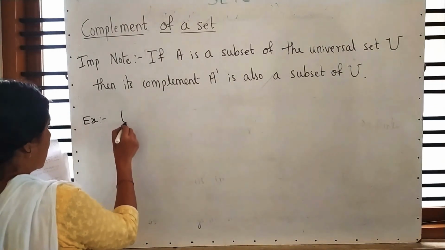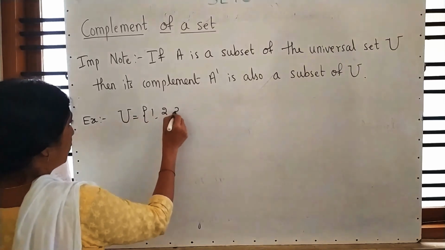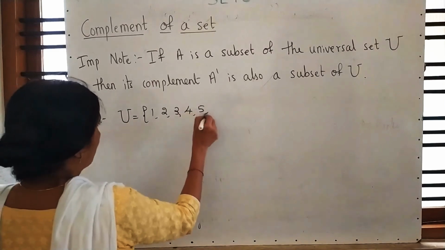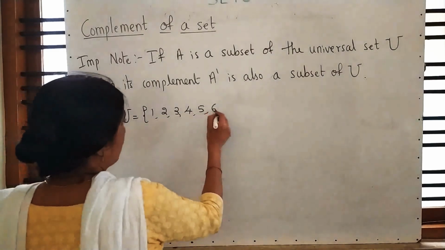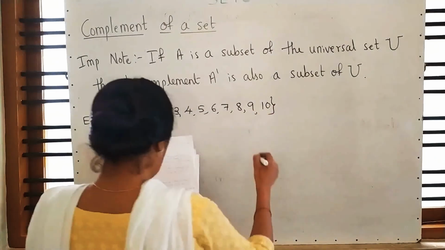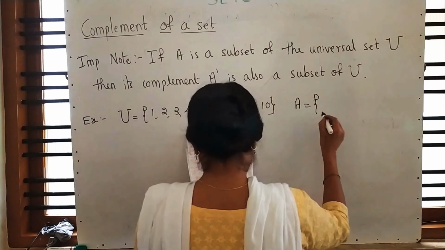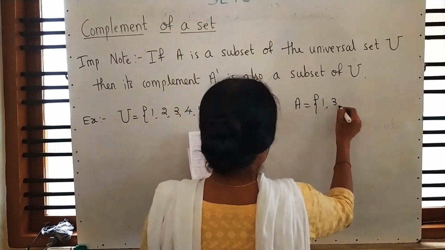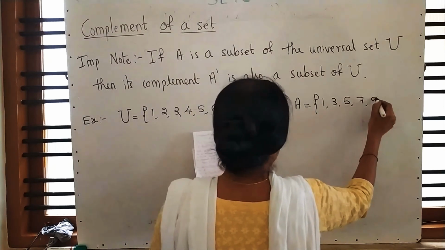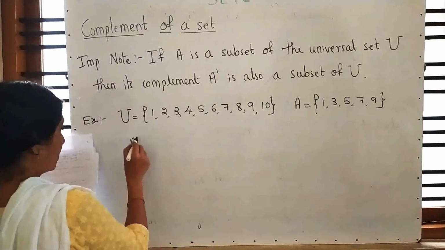Here U is 1, 2, 3, 4, 5, 6, 7, 8, 9, 10. And A is given as 1, 3, 5, 7, 9. See here, what is its complement?